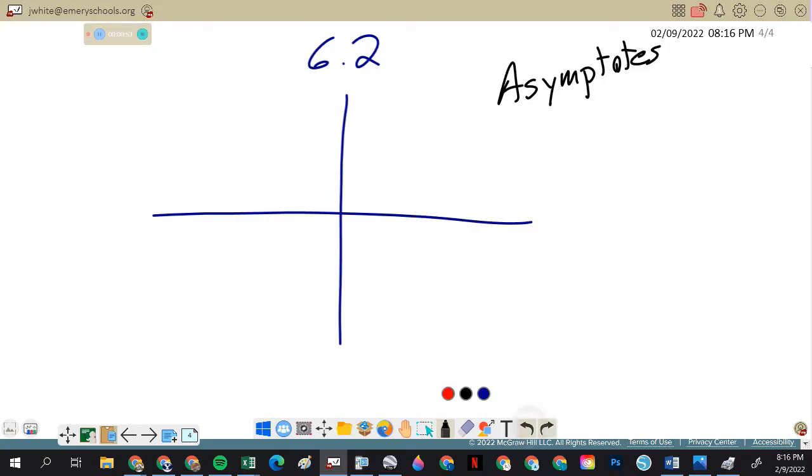In rational expressions, we have what we call vertical asymptotes, which I will refer to as a VA, or horizontal asymptote, which we will abbreviate HA. And then our rational expressions are sort of bounded by those two lines.